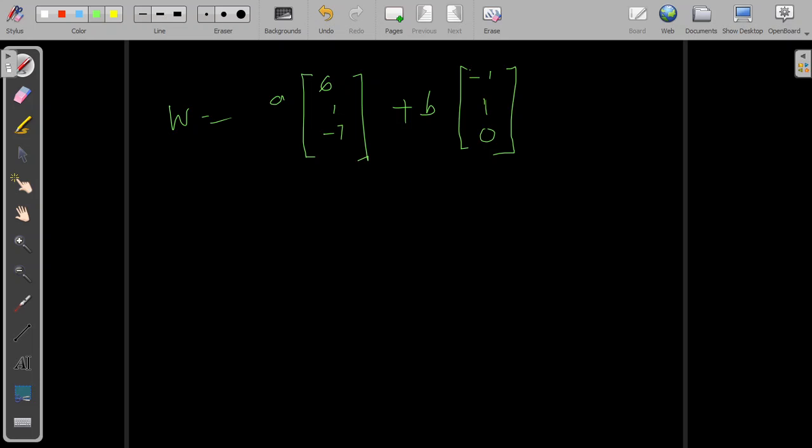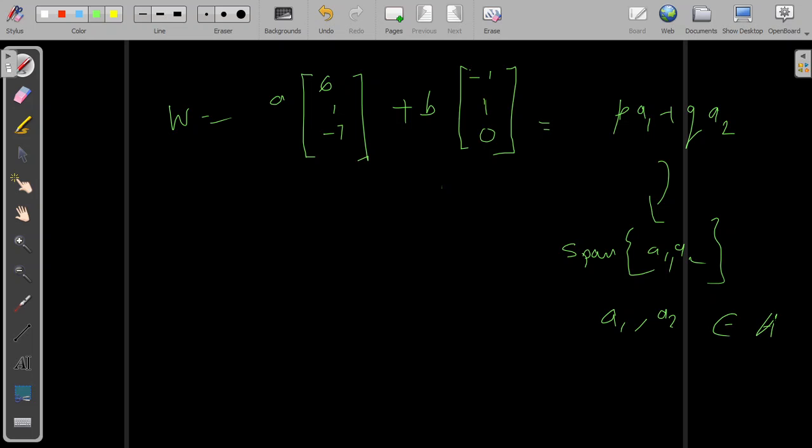Okay, and you can equate this to some p into a1 plus q into a2, like this, right? This is what you call the span of a1, a2, where a1, a2 are the columns of A. So if you compare, we will get the matrix A equal to (6, 1, minus 7) as the first column, and the next column is (minus 1, 1, 0).